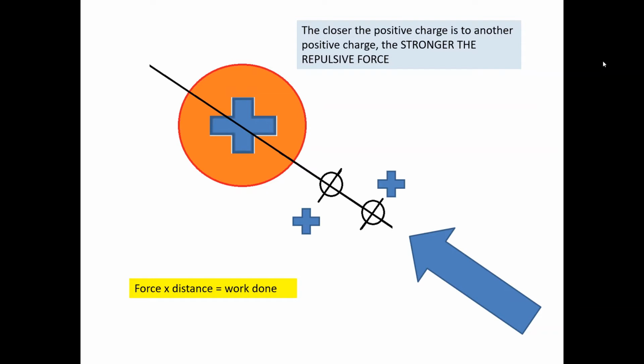Now, when we're talking about electric potentials, think about two particles. So here you've got the big blob of positive charge on the top left, and then you've got two smaller positive charges at the bottom. What happens when you push the particles that are positive towards the bigger positive charge? The closer the positive charges are towards the bigger positive charge, the stronger the repulsive force.